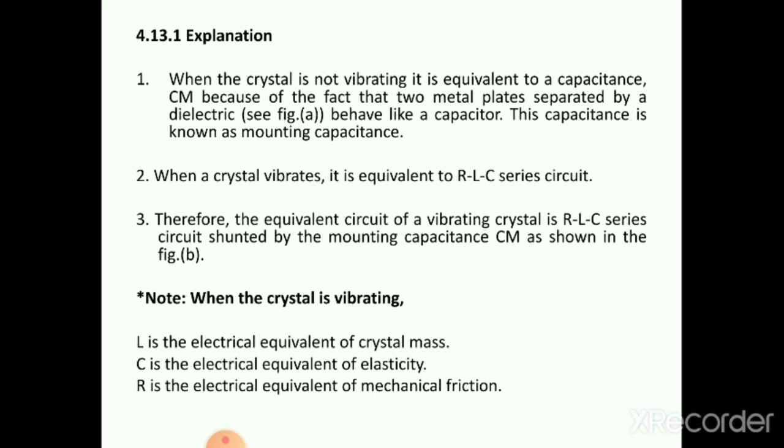When a crystal is vibrating, it has components like friction, elasticity, and crystal mass, which have to be considered. R is the electrical equivalent of mechanical friction, C is the electrical equivalent of elasticity, and L is the electrical equivalent of crystal mass.